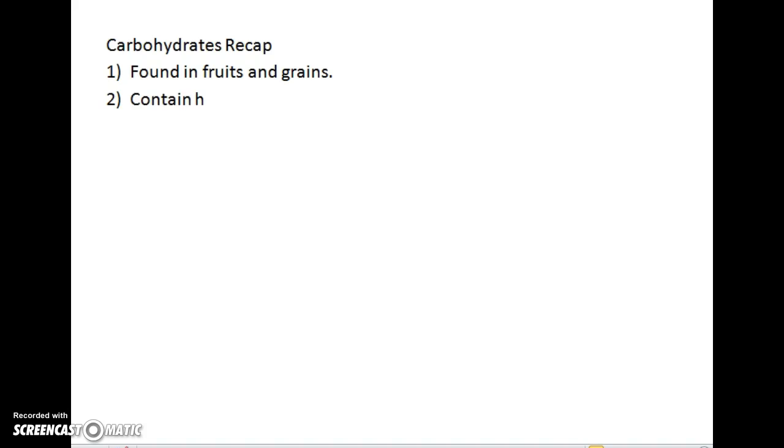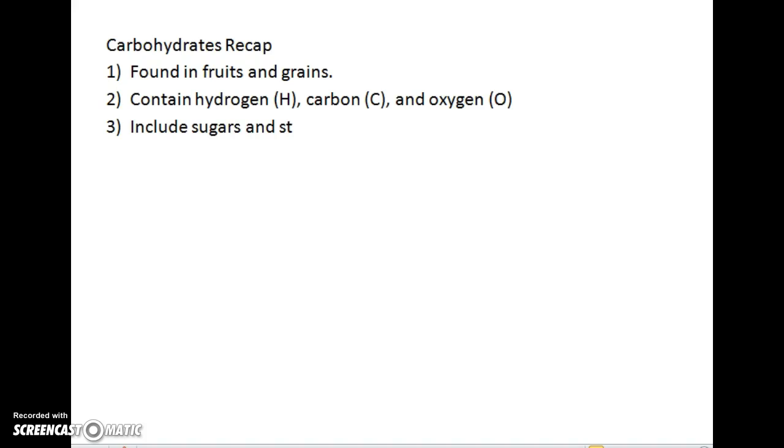2. Next, they contain hydrogen, which is element H on the periodic table, carbon, which is element C on the periodic table, and oxygen, which is O on the periodic table. 3. They include sugars and starches. 4.